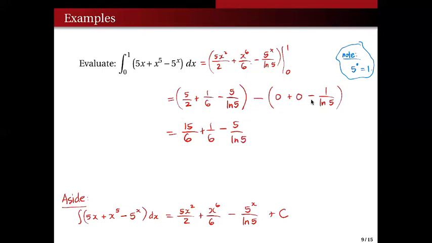Then here you have minus minus, so this is plus 1 over ln of 5. So if we simplify this, we'll have 16 over 6, then minus 5 plus 1 over ln of 5, so that is minus 4 over ln of 5. Then finally, we simplify 16 over 6, that's 8 over 3, then minus 4 over ln of 5. So this is the final answer.